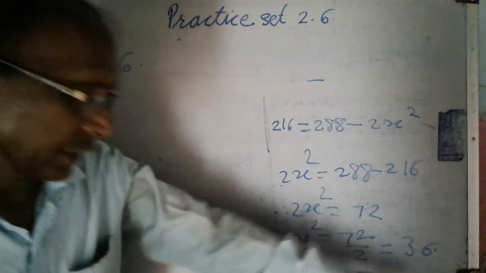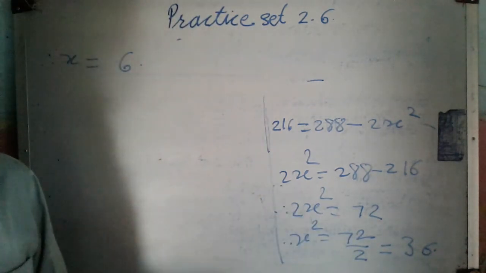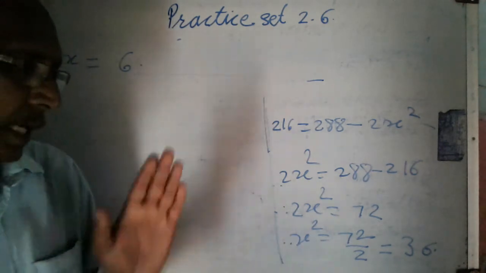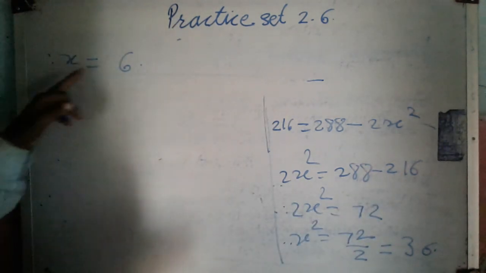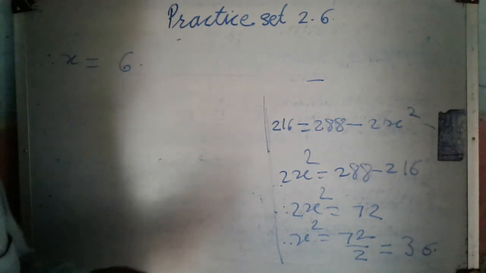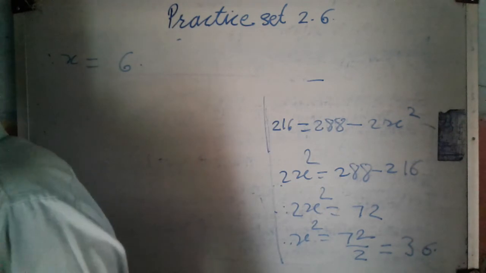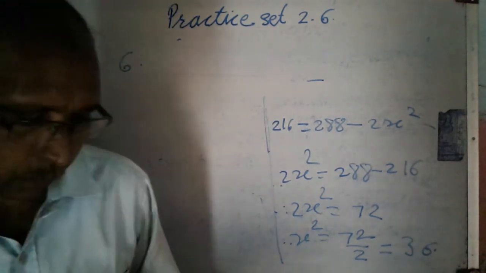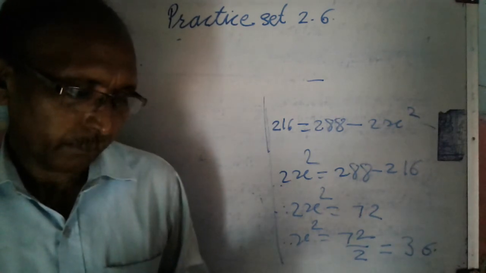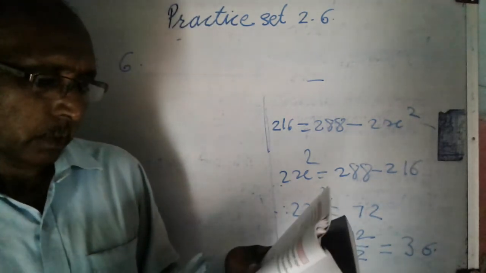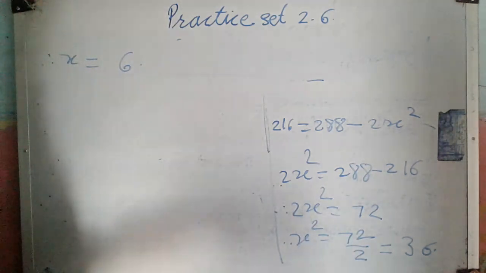The square root of 36 is minus 6 or plus 6, but minus 6 is negligible, so we accept 6. Therefore the speed of the water current, which we had to find, is 6 km per hour.